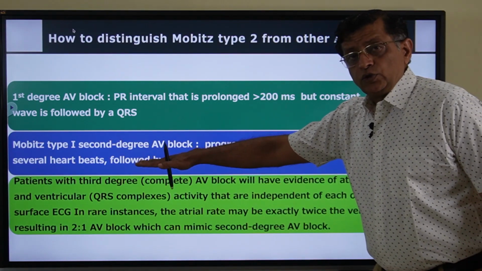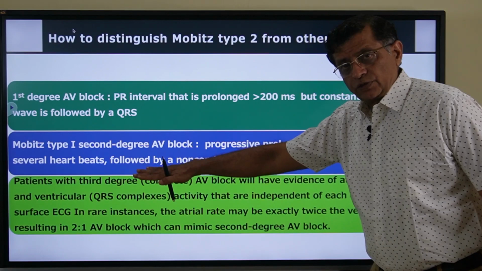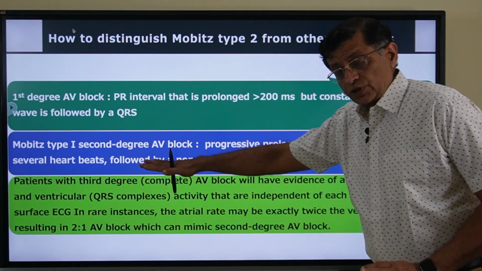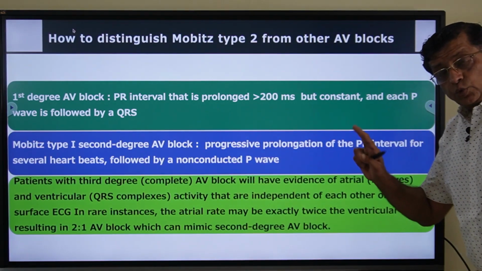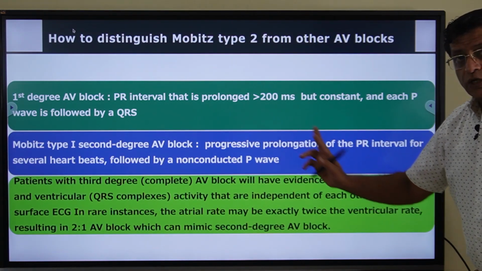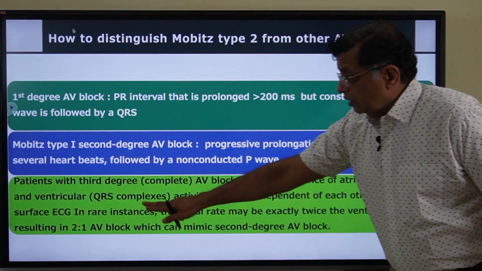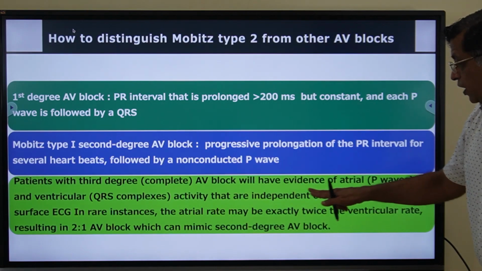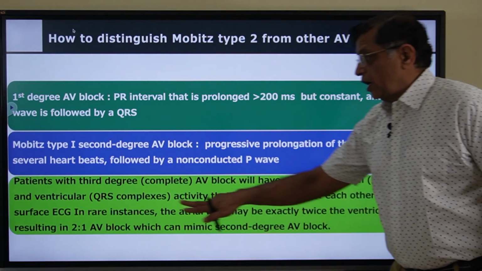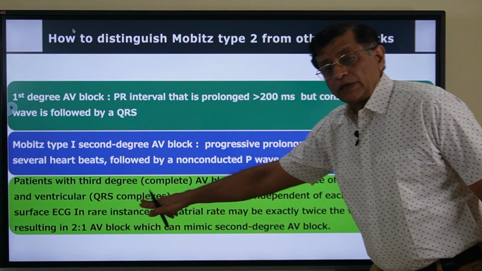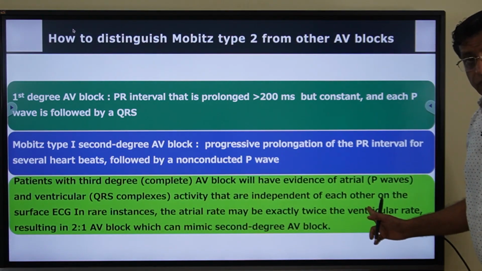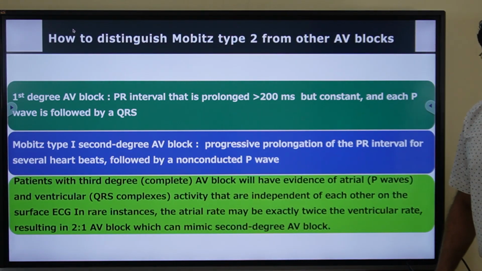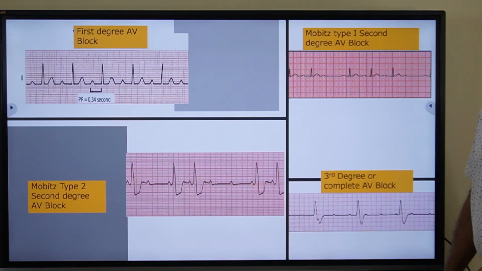So usually it is simple to differentiate between Mobitz type 1 and Mobitz type 2. Sometimes when there is 2:1 block, it could pose us difficulty. And a patient with third degree AV block will have evidence of atrial waves and ventricular complexes which are totally independent of each other. We'll see an example that will help us to differentiate.